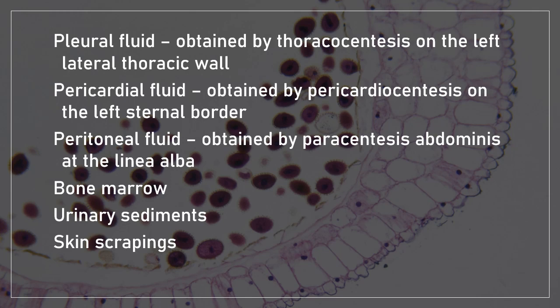Then your peritoneal fluid, otherwise known as your ascitic fluid, is obtained by paracentesis in your abdomen at the linea alba. It is found in your peritoneal cavity. And then, of course, you have your bone marrow, your urinary sediments, and your skin scrapings listed.